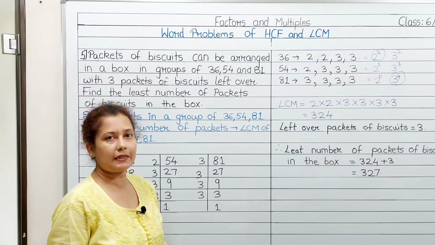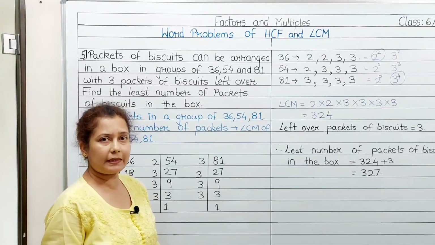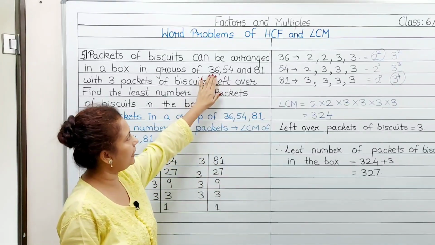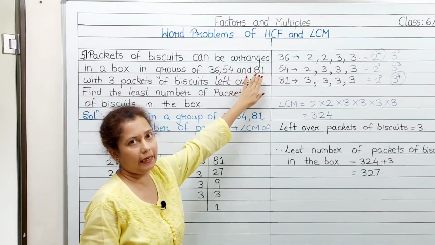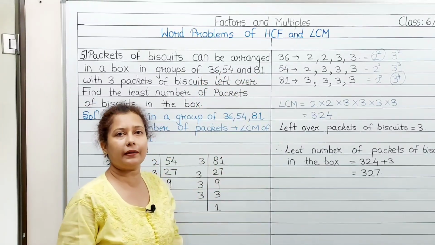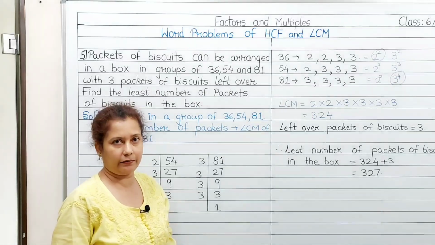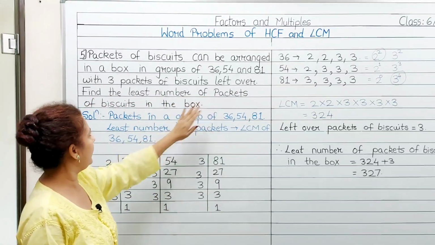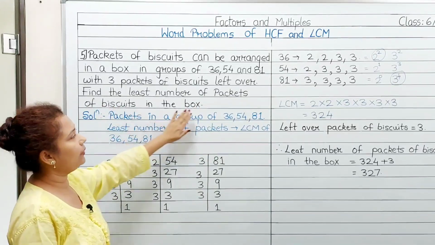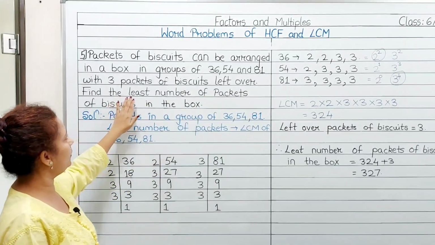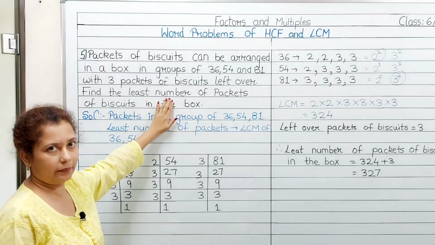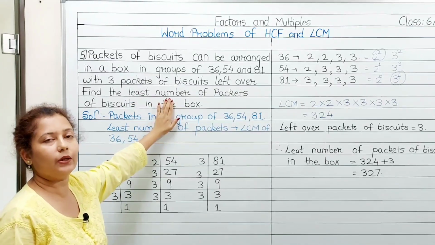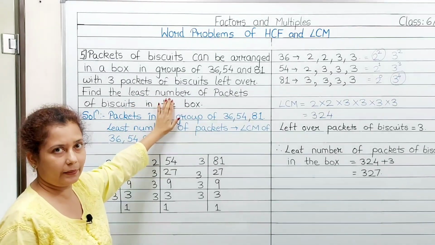So in this sum it is given that packets of biscuits are arranged in groups of 36, 54 and 81, and after doing this, 3 packets are left. Here the keyword is least number. Least means the lowest, that is LCM.